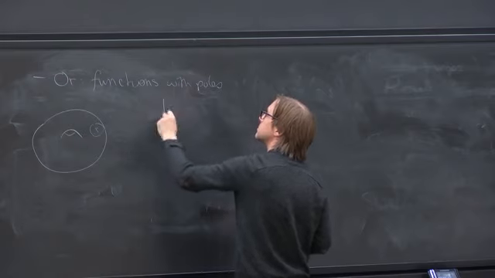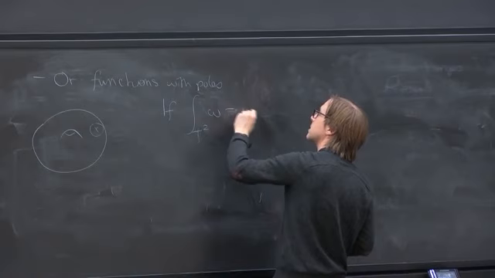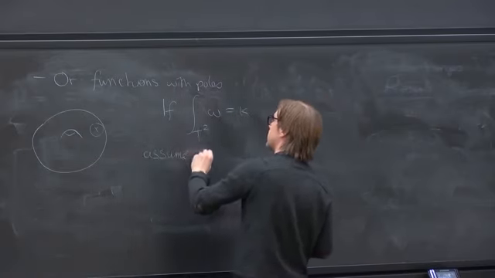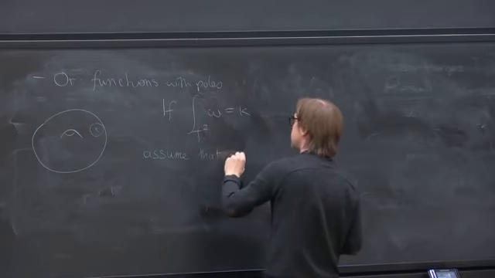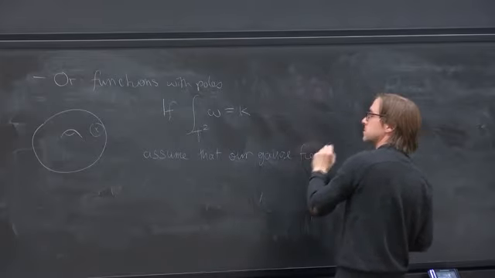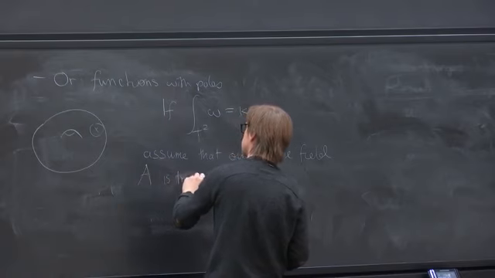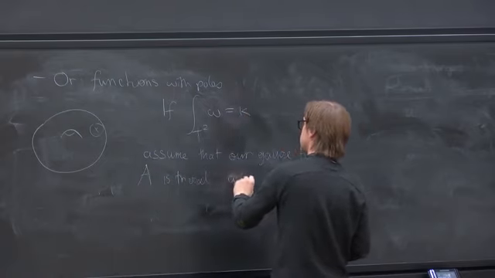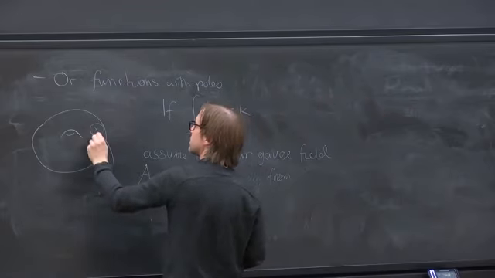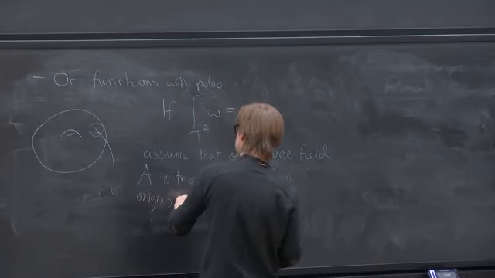So if the integral over the 2-torus of omega is k, we can assume that our gauge field is trivial away from some chosen point, the origin, and near the origin.